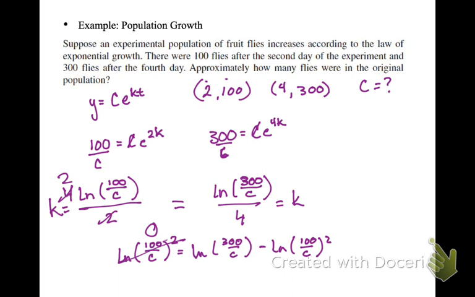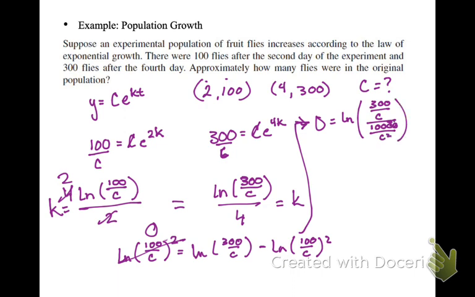I'm running out of room. So 0 equals the natural log of 300 over C over 100 over C squared, which is 10,000 over C squared.